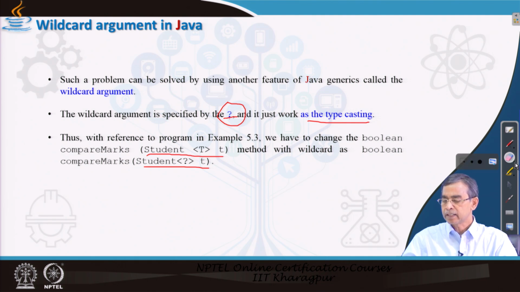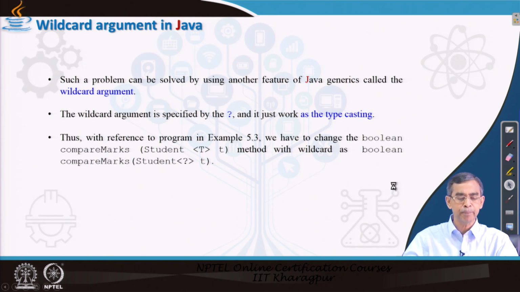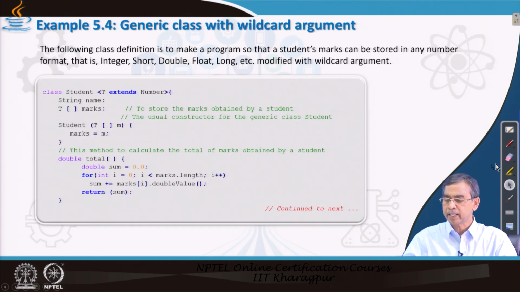Now, let us see the modified problem with this wildcard, and if we run it, you will see that it will run for you. So, here is the program. It is the same thing again. I want to extend this generic class so that it has its scope within the Number class or any subclass.